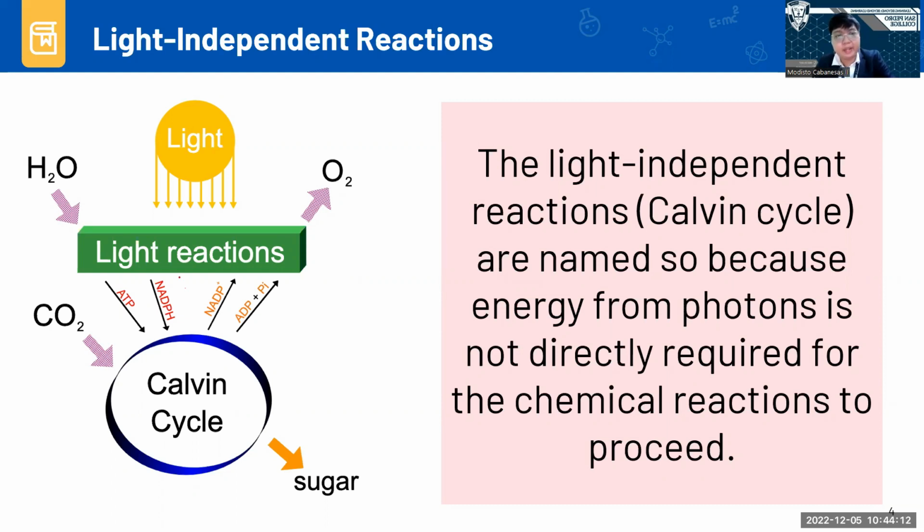Meaning, kahit hindi kailangan ng light ni Calvin cycle, without the products of the light reactions, then it will not still proceed. So, importante pa rin yung light energy. Okay? Again, without light energy, light reactions will not occur. Light reactions will not be able to produce ATP and NADPH, and ultimately, it will not start the Calvin cycle. So, parang may domino effect din sila if light is not available.